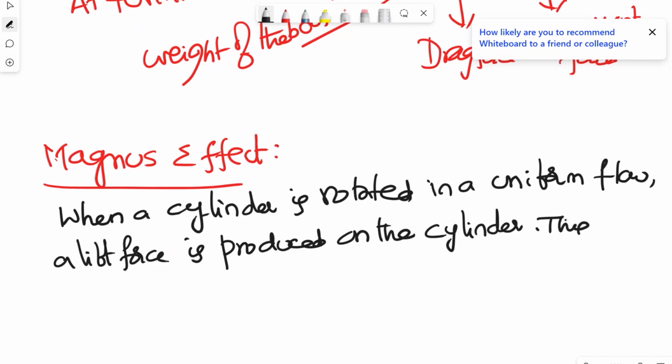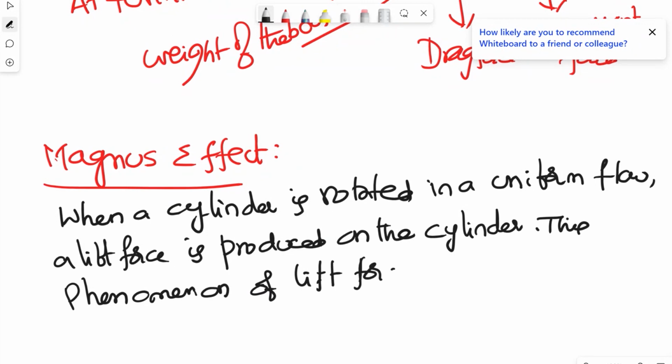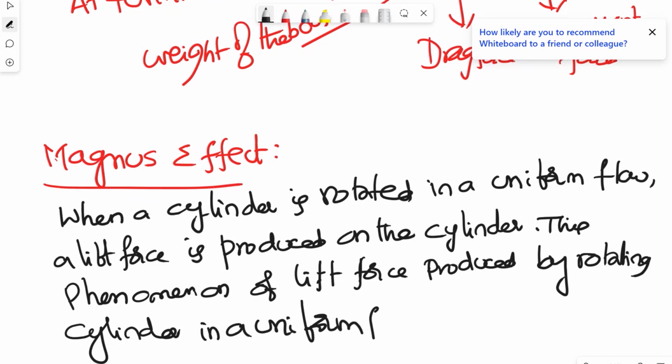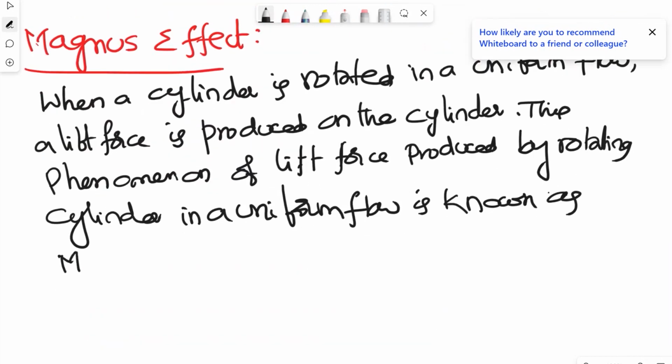And this phenomenon of lift force produced by a rotating cylinder in a uniform flow is known as the Magnus effect.